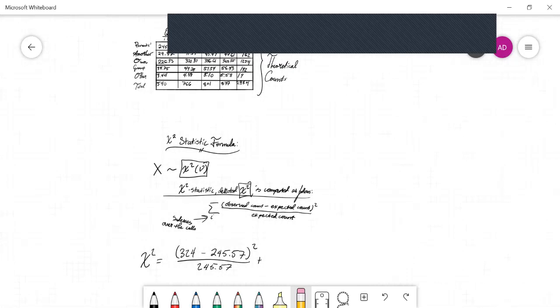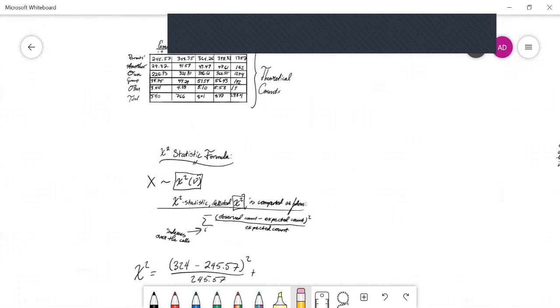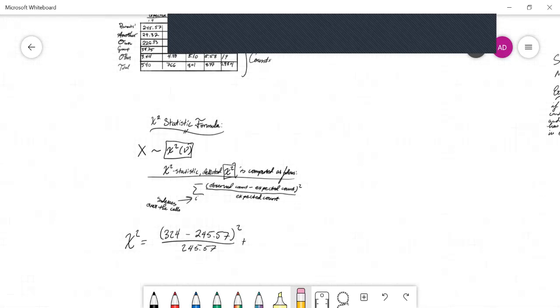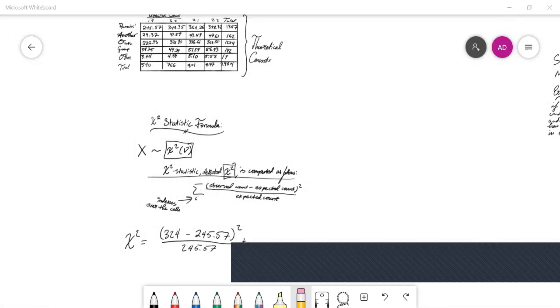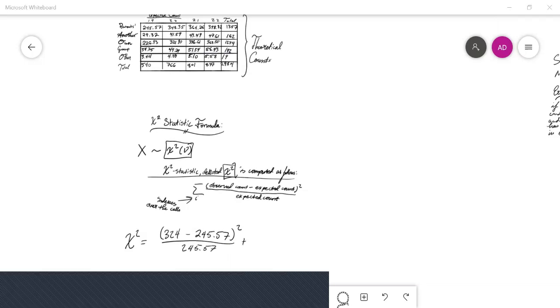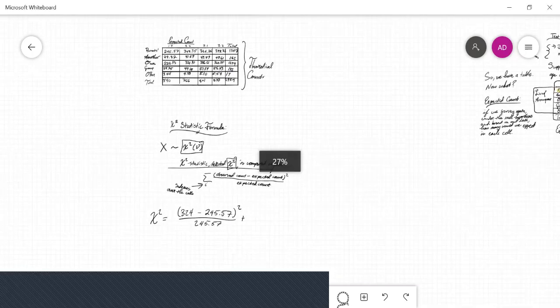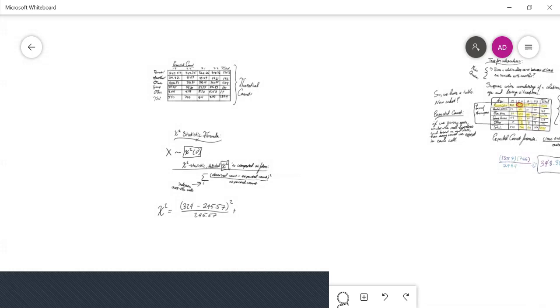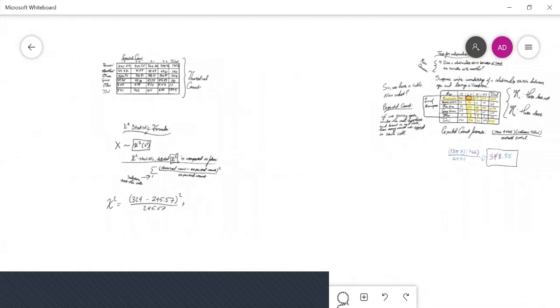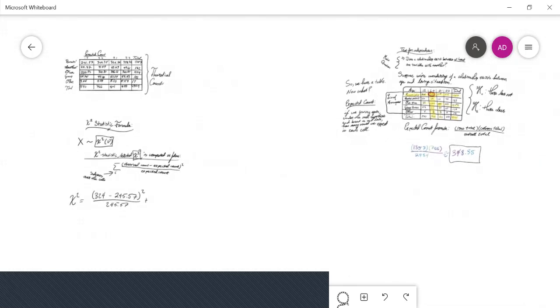Okay, so let's just put all these expected counts in. Since I can see them both now, we can just do 345, this can be 378.